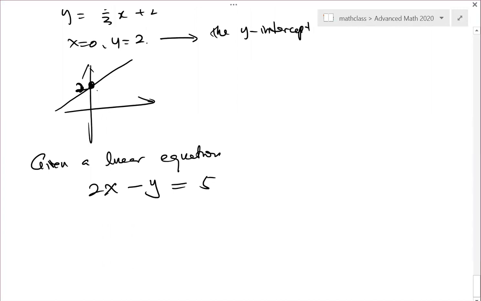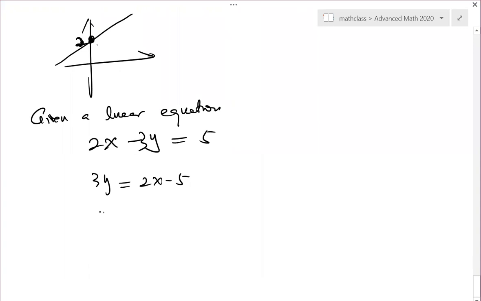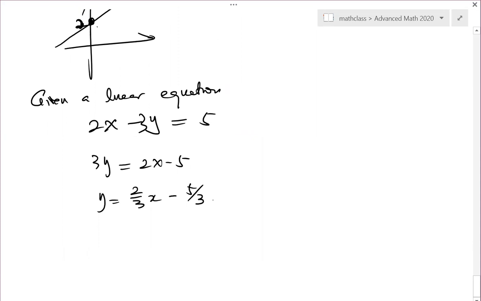This tells you the relationship between the coordinates of the points on the line, because it's a linear equation. Well, you can say 3y equals 2x minus 5. So y equals 2 over 3 x minus 5 over 3.